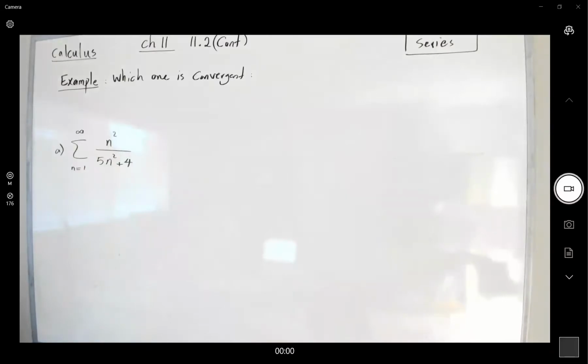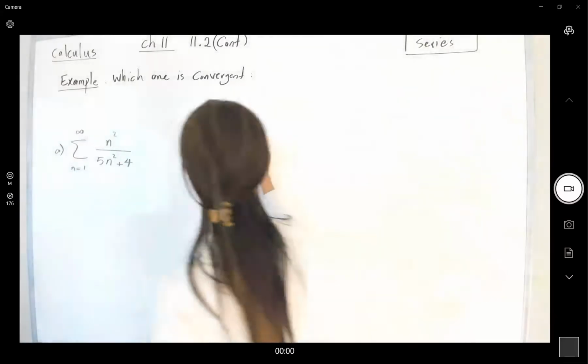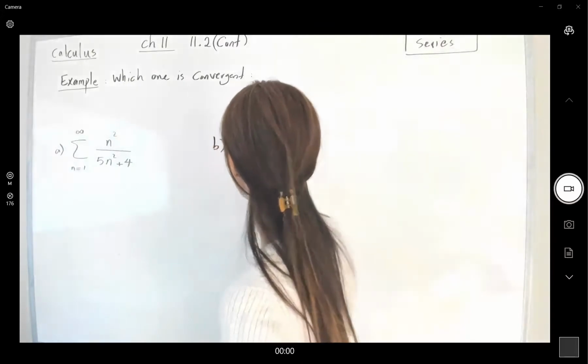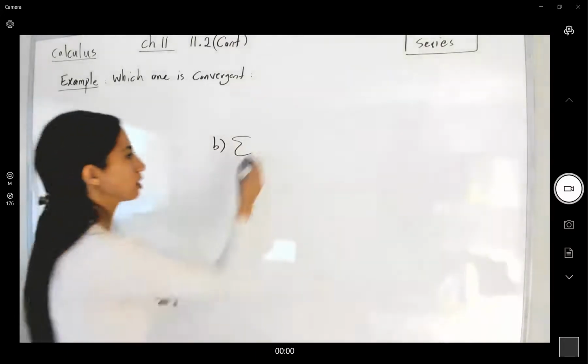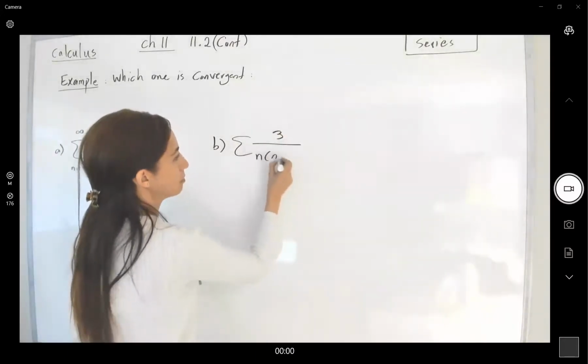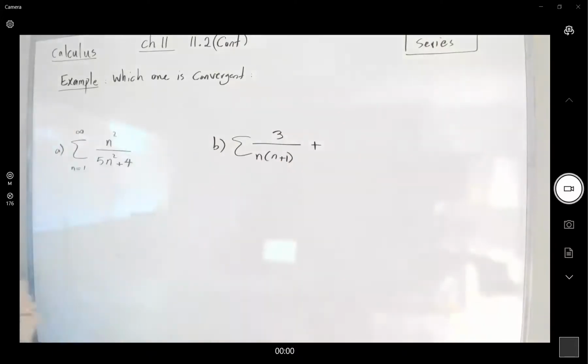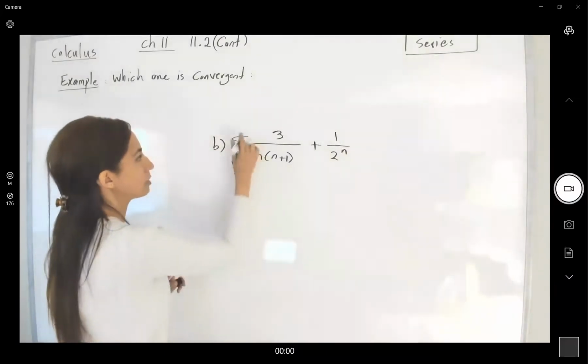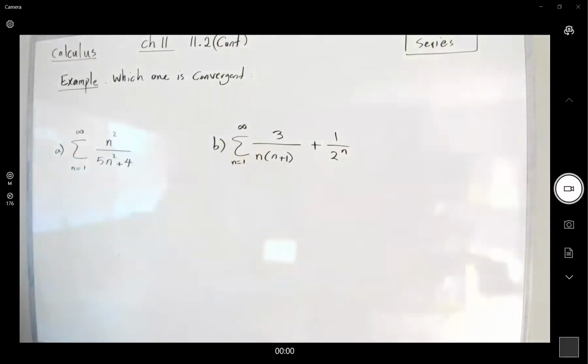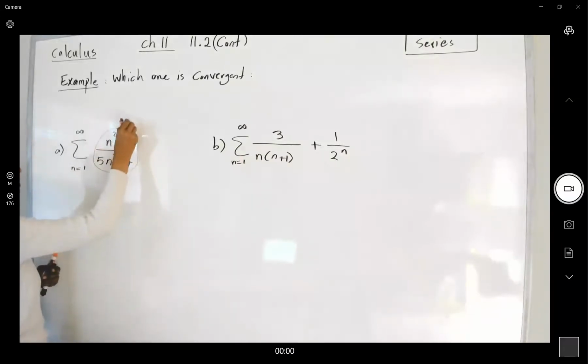And the second one is the series, the sum, what do we have here? 3 over n times n plus 1, plus 1 over 2 to the n, starts from 1 and goes to infinity. Okay, so in this case, a_n, the general term, is here.